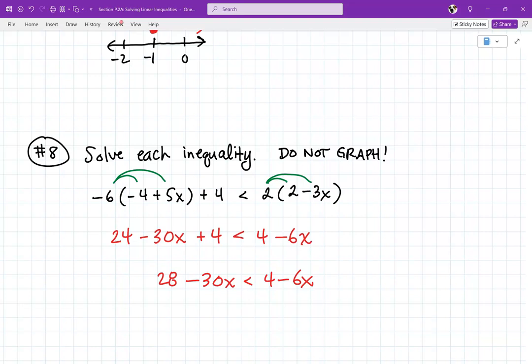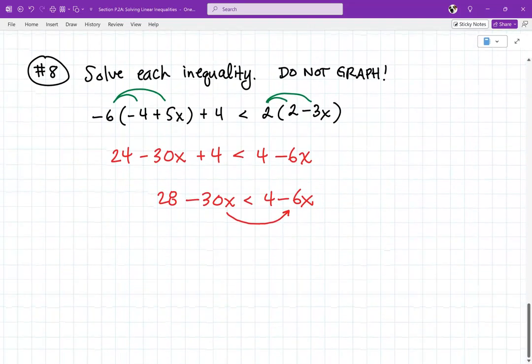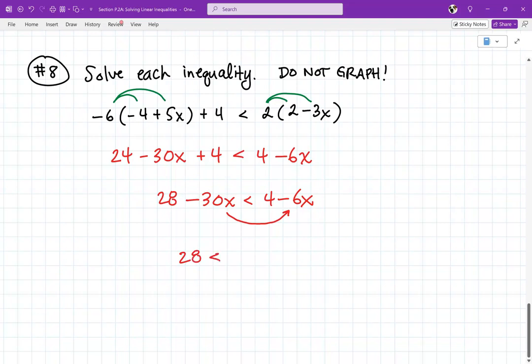So negative 30 is a smaller number in terms of value. So we're going to move this negative 30 over. That's going to make it positive. So I get 28 less than 4 minus 6x plus 30x, which is a positive 24x.